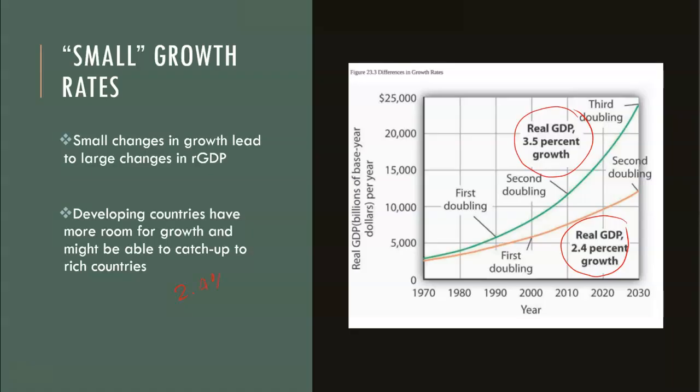So 2.4% growth compared to 3.5% growth. This is a 1.1% difference. So it's not much of a difference. But when we look at this graph, this is showing what's happening to our economy over the period of 60 years.